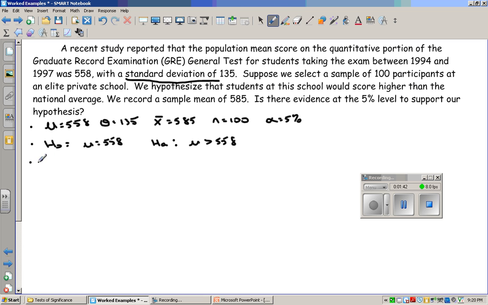Next up, we need to test our assumptions. First, it says it was a sample, and it didn't say what kind of sample, so we're going to assume that it's a simple random sample. Large sample size tells us that normality is assumed.